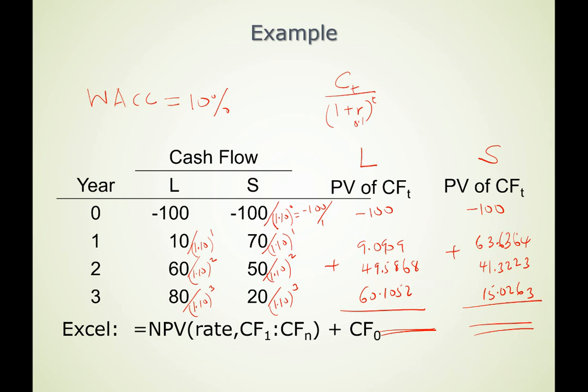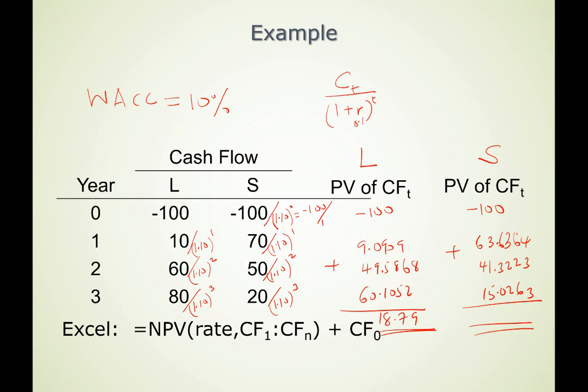This will give you a net present value of 18.79. If I just round this, it should be 18.79.